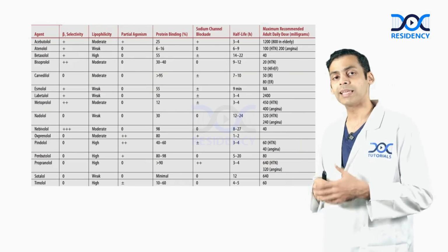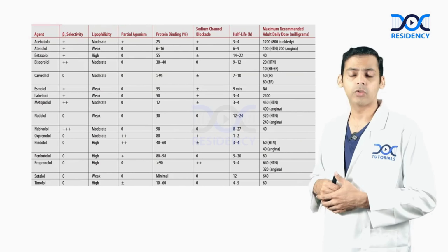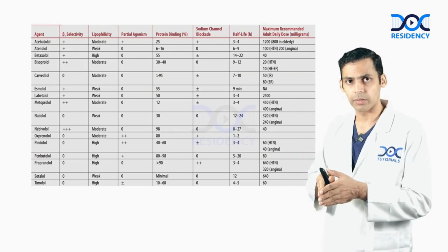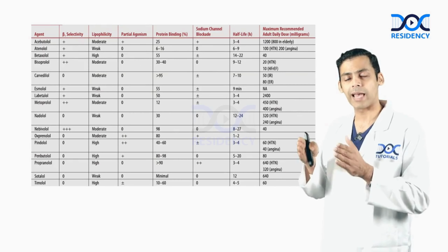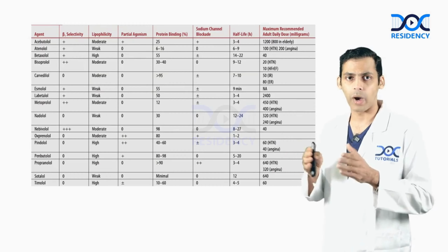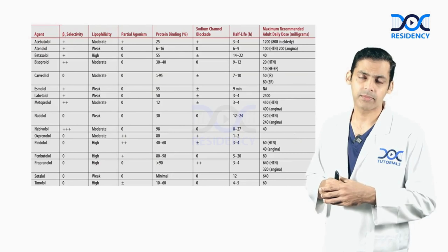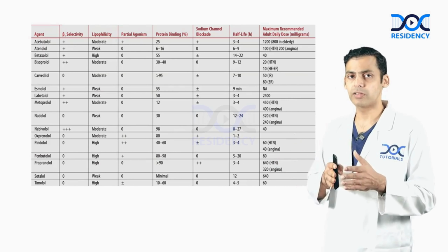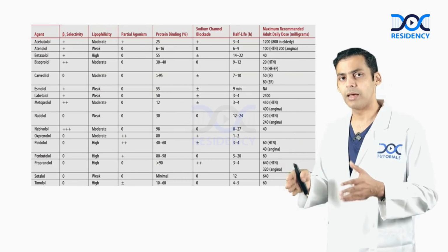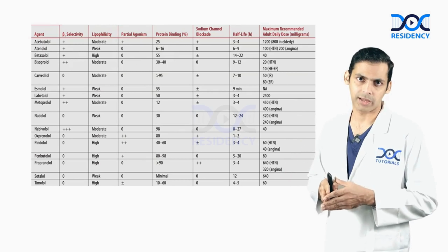Because it has additional sodium channel blocking activity. So in addition to blocking the beta receptors, it blocks the sodium channels in the myocardium. This can lead to QRS widening and ventricular arrhythmias. So usually beta blockers will result in bradyarrhythmias, but propranolol toxicity can result in ventricular arrhythmias.